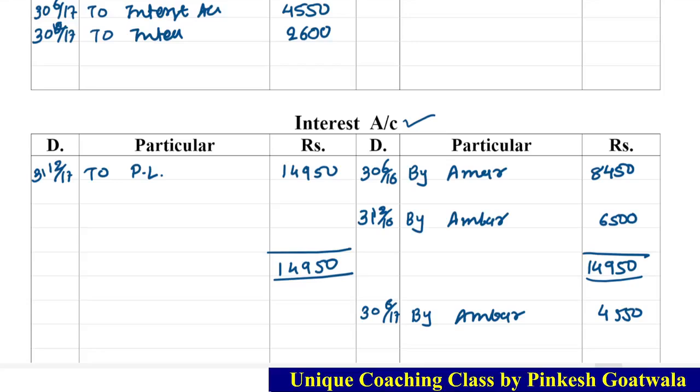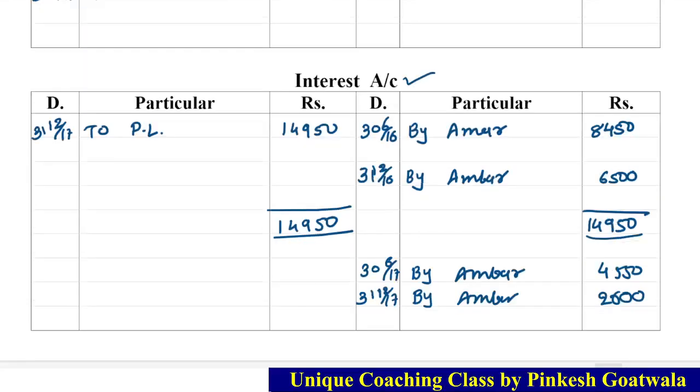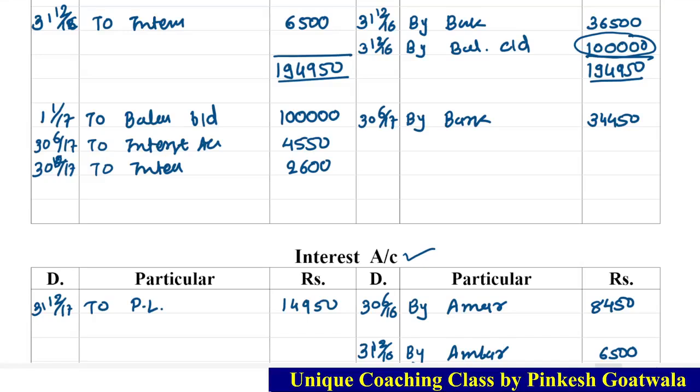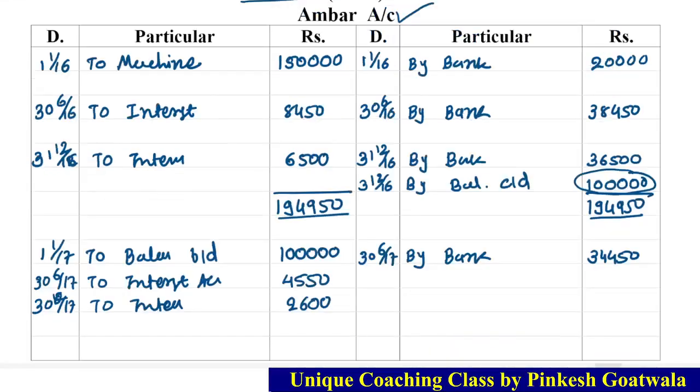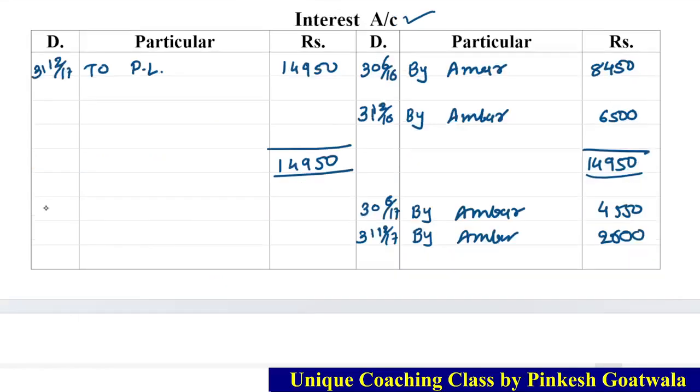Next journal about the installment: 31st December 17 by bank account 42,600. And the last, transfer this interest to PNL. 31st December to PNL. The amount is the total of both interests, 7150. So here it is always balanced.